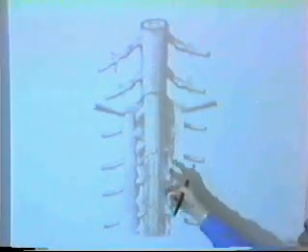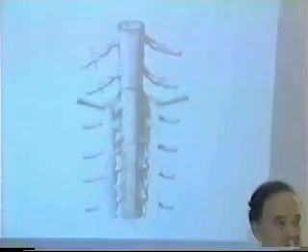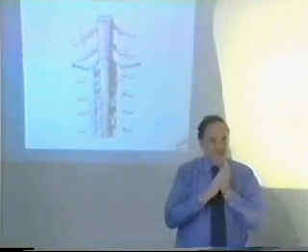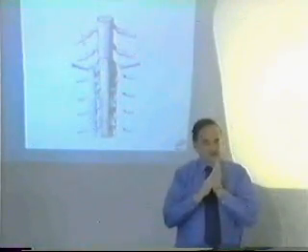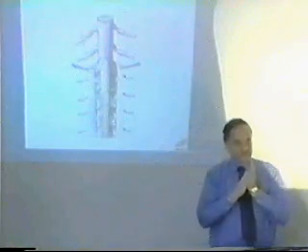The arachnoid is pushed against the inner surface of the dura. So those 2 layers are pushed together, so there is no space normally between the dura and the arachnoid. So there is no subdural space.